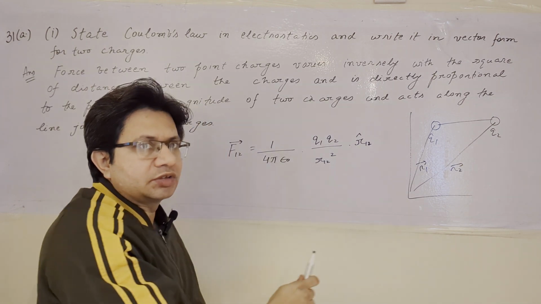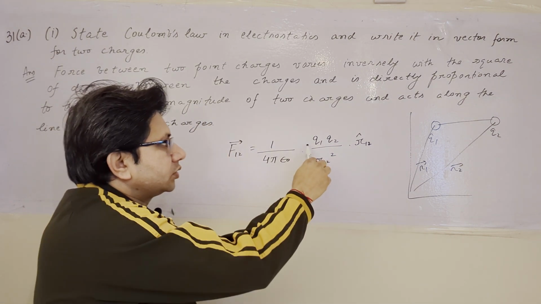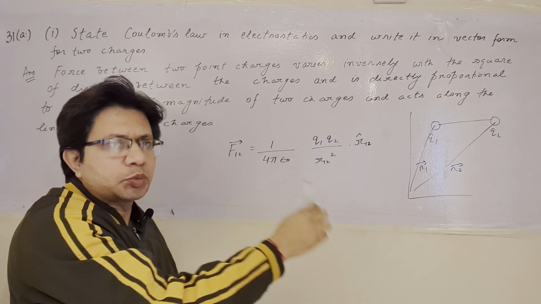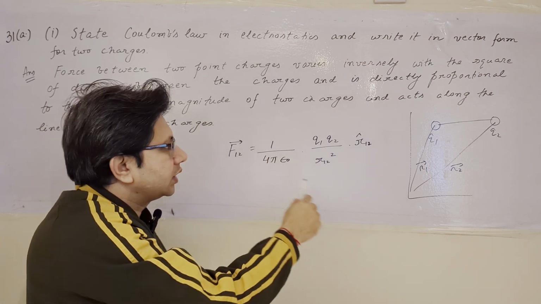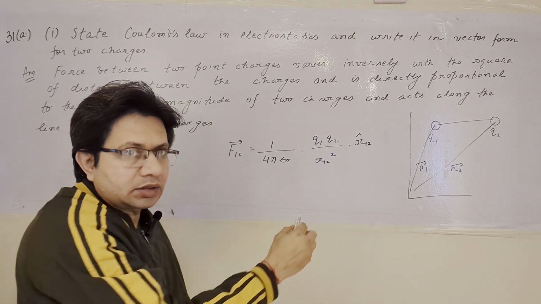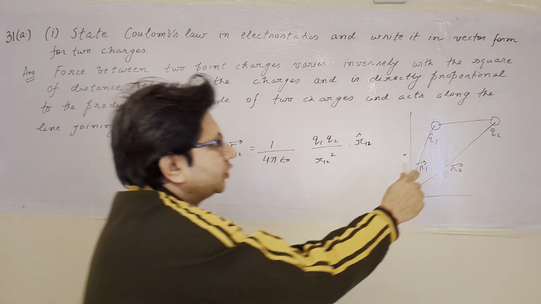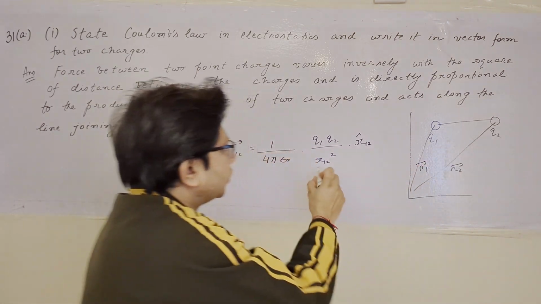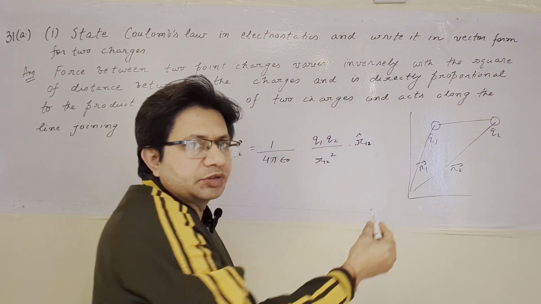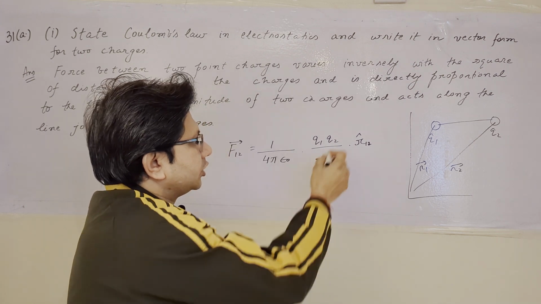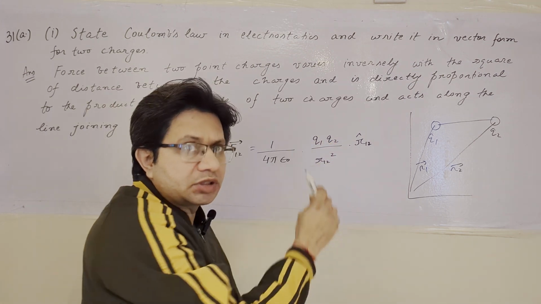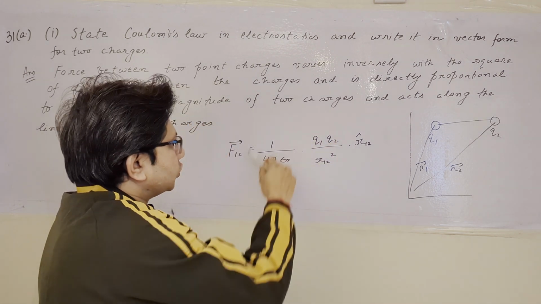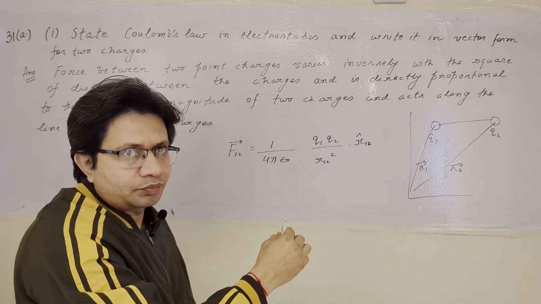That force is directly proportional to the product of the two charges and inversely proportional to the square of the distance between them. R12 is the distance between these two charges, q1 multiplied by q2 is the product of the charges, and 1 upon 4 pi epsilon naught is a constant here.